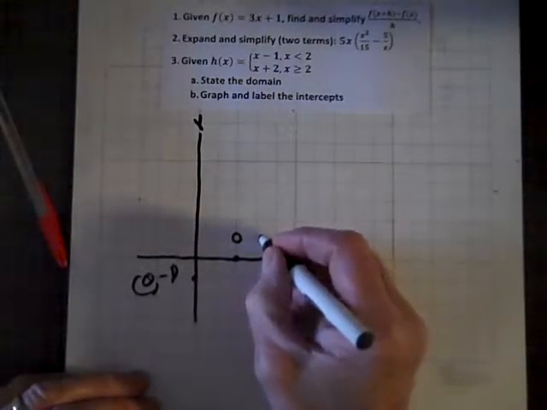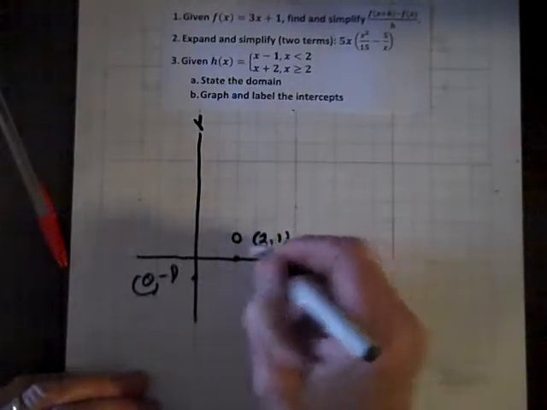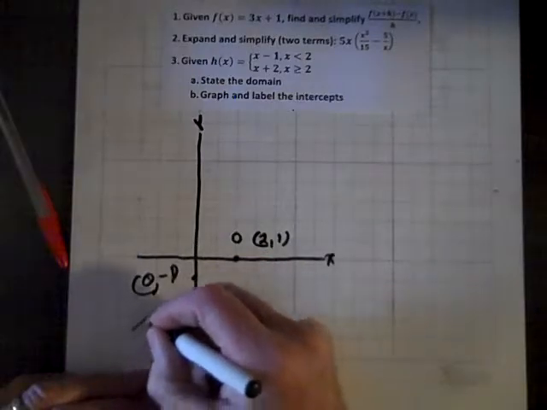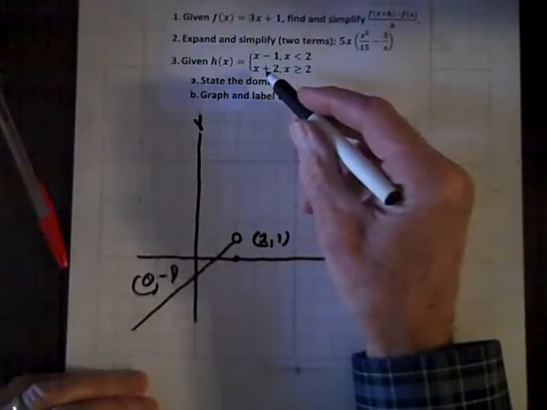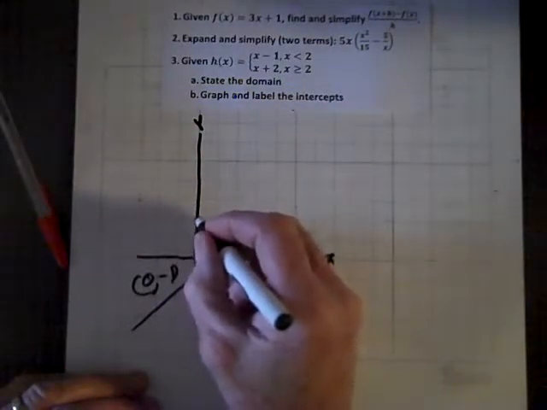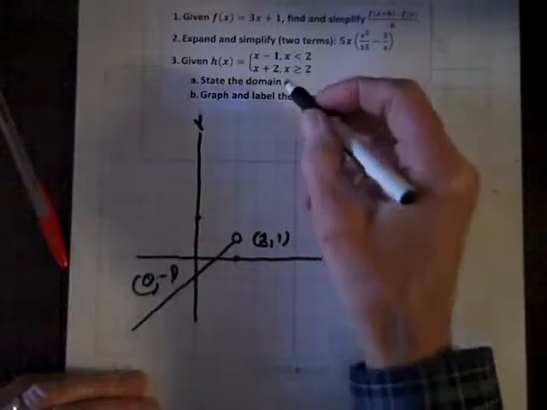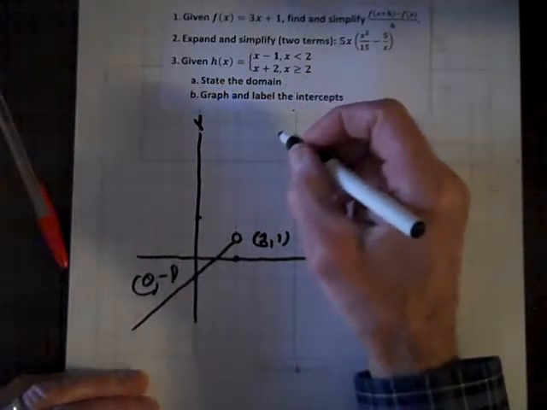This point is 2, 1. And this portion of the graph looks like that. Now, for the second portion, x plus 2, we've got a y-intercept of 2, but 0 is not in the domain of this.